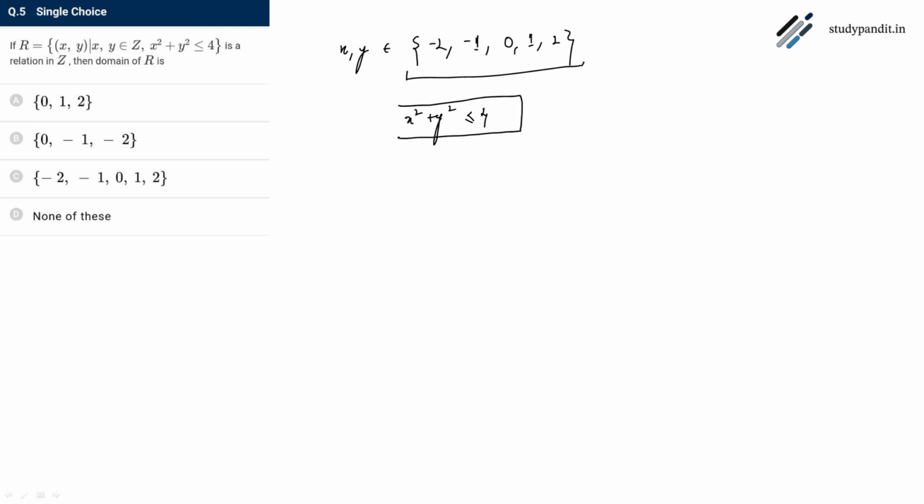So we can see that x and y can be from the set -2, -1, 0, 1 and 2. So these are the only possible values for this condition to satisfy x square plus y square less than equals to 4. So the domain of R will be C.